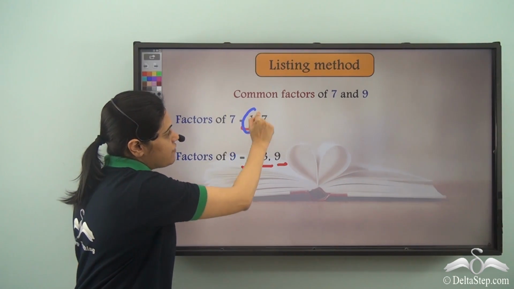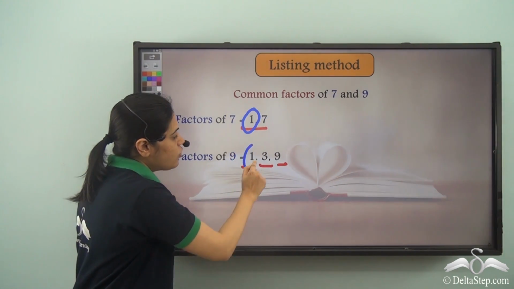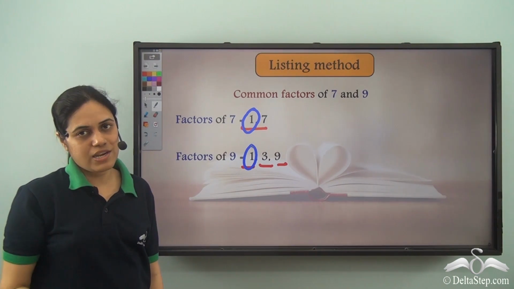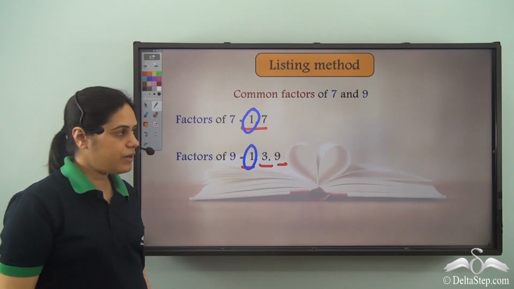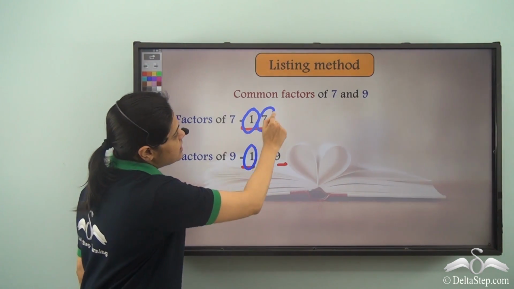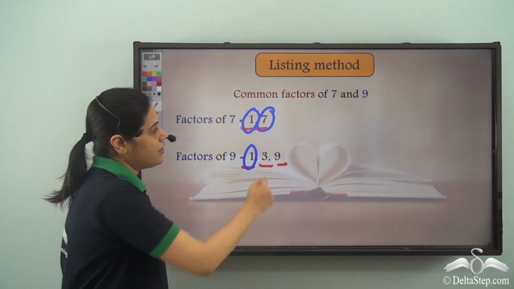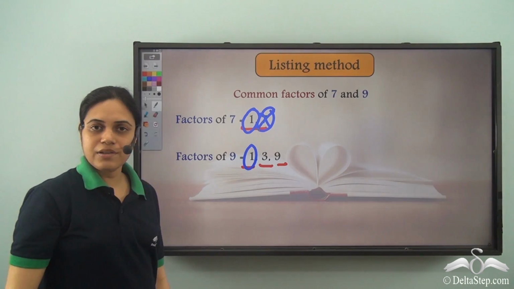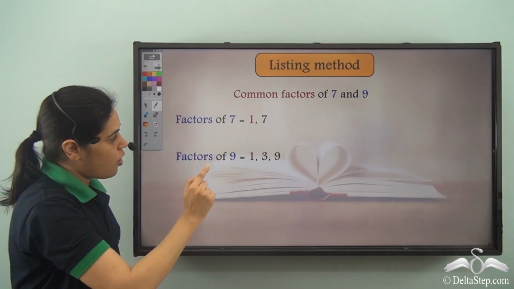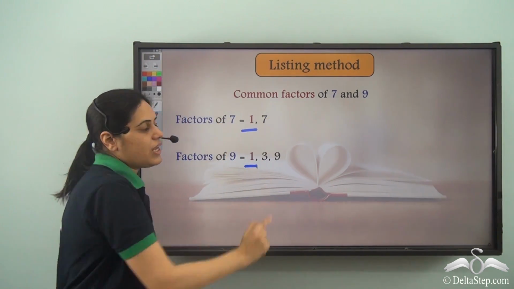So 7 has 1 as a factor. 9 also has 1 as a factor because 1 is a factor of every number. 7 has 7 as a factor, but 7 is not a factor of 9. So this is not a common factor. So the only common factor of 7 and 9 is 1.